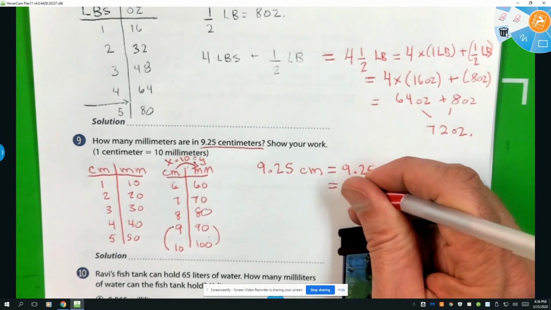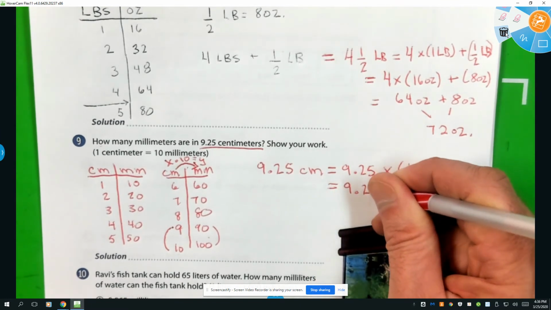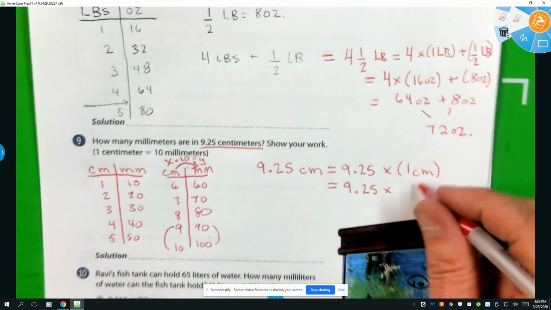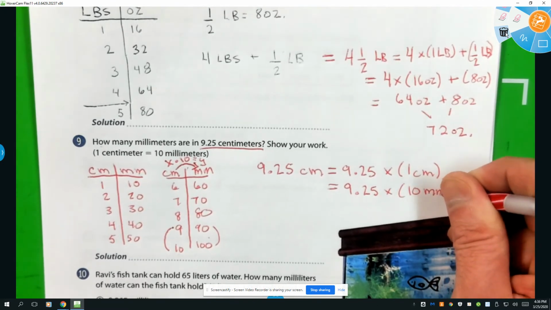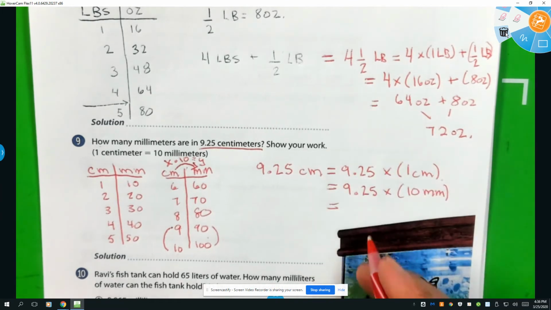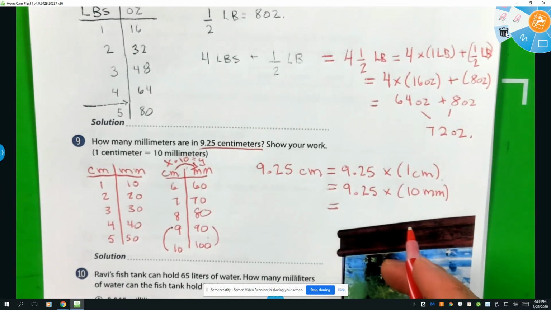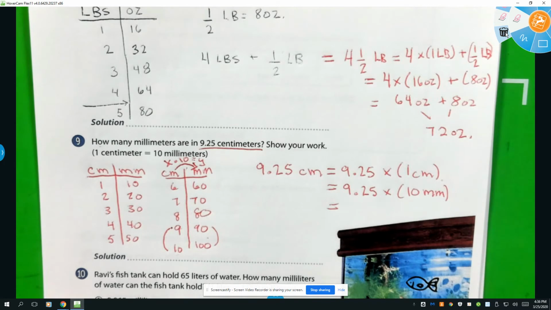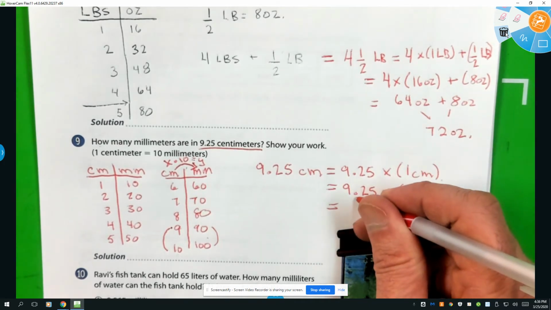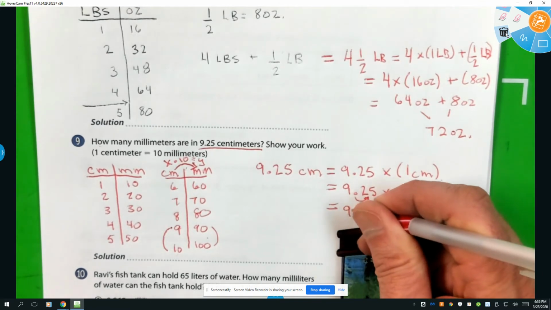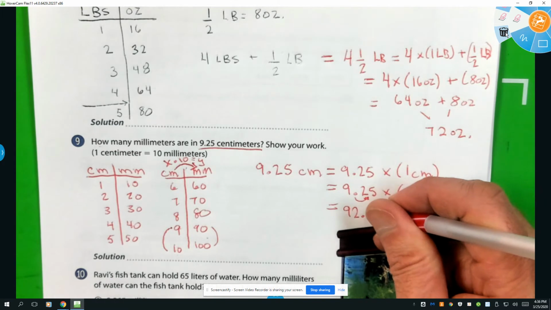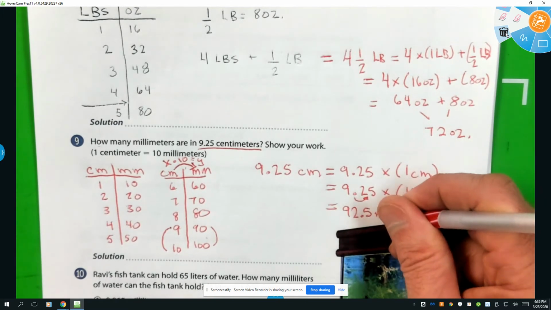That's going to be the same as 9.25 times what? What's 1 centimeter for a conversion? 10 millimeters. And 9.25 times 10, all we've got to do is slide that decimal over one little spot because it's multiplying by a power of 10. It's going to be 92.5 millimeters.